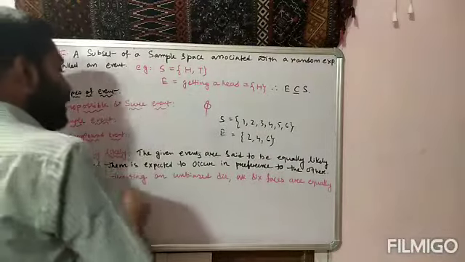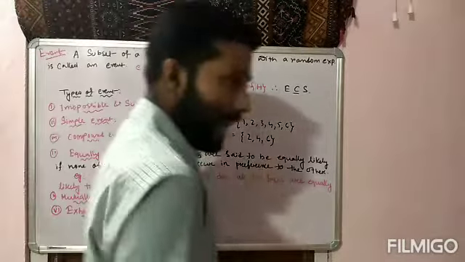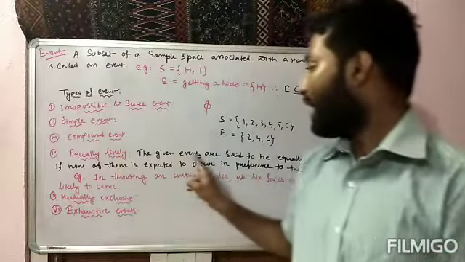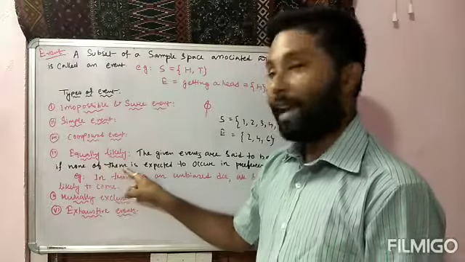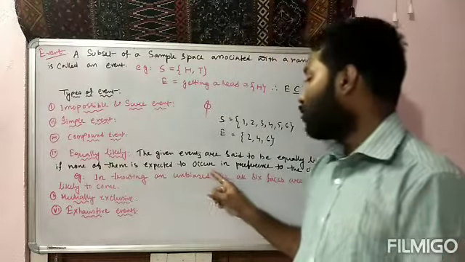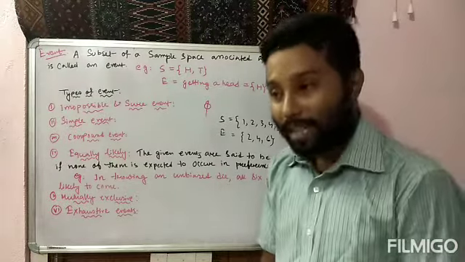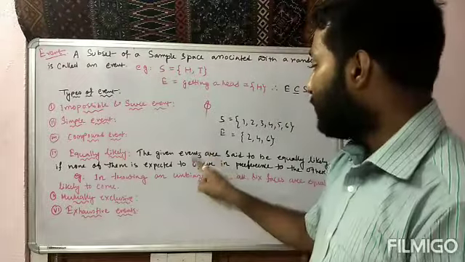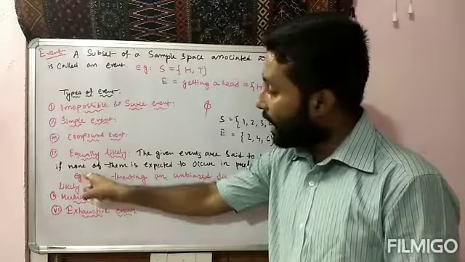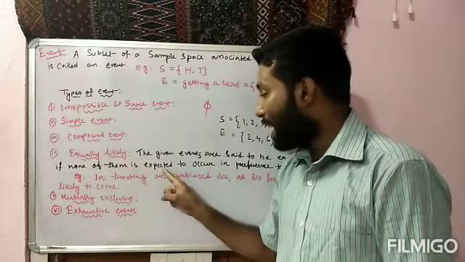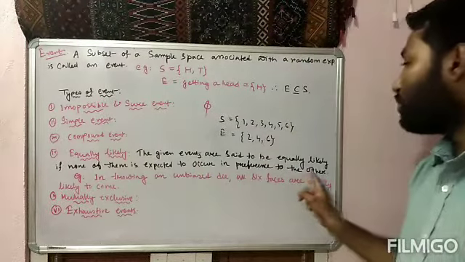Okay, equally likely event means the given events are said to be equally likely if none of them is expected to occur in preference to the other.